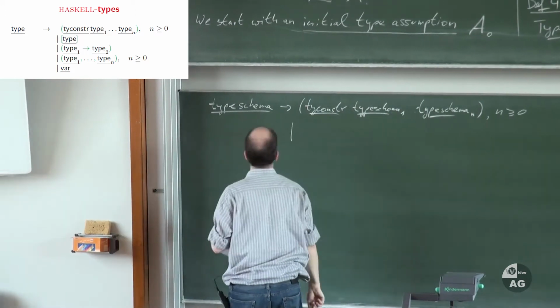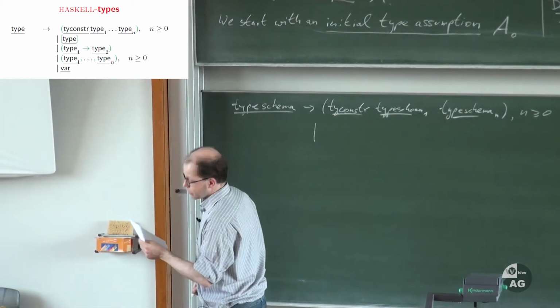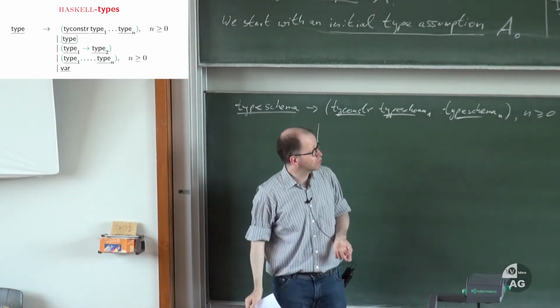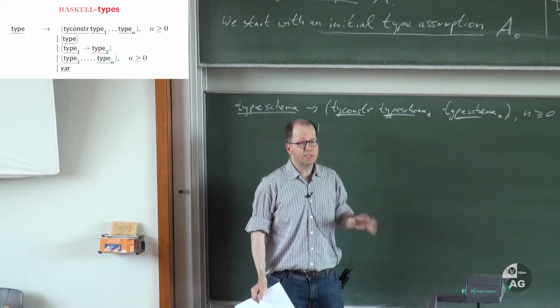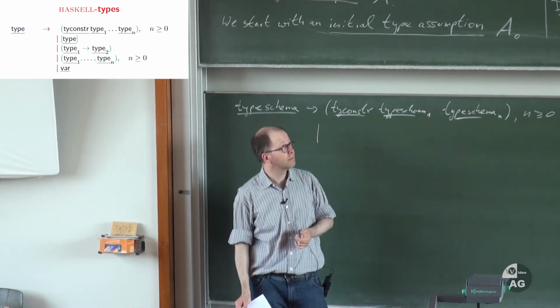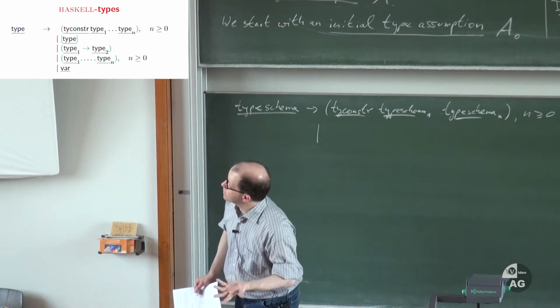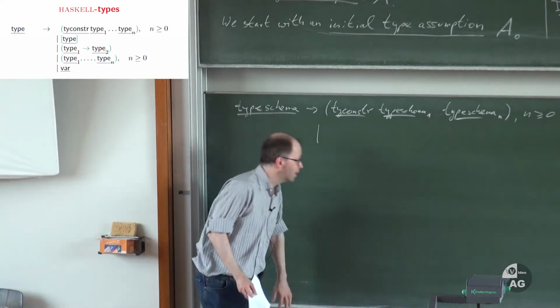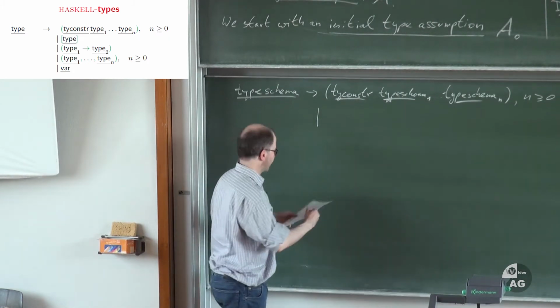And then there are some type constructors predefined. So predefined lists we ignore because then we would have to treat an extra case all the time. So let's not look at predefined lists. If you want lists, then you can also define them yourself like I did above. But there is the arrow, for example. So if you have two type schemata and you write an arrow between them, then you have a new type schema.